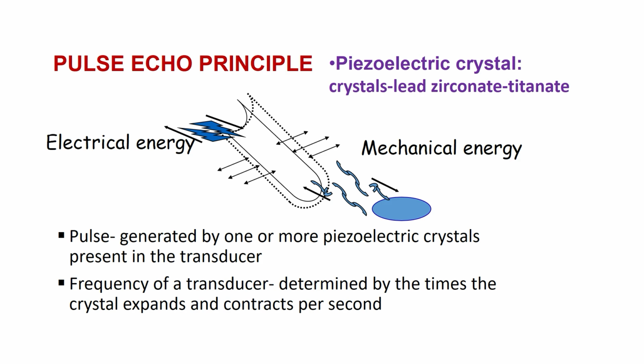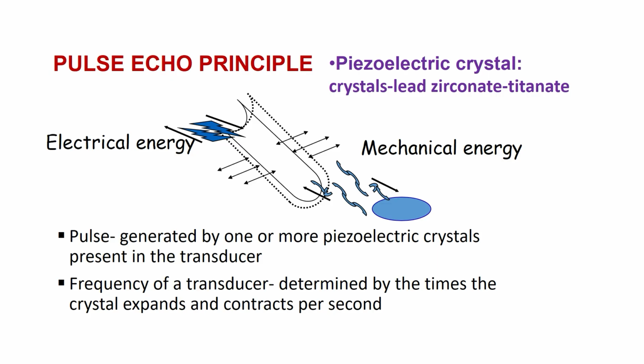Now let's discuss the production of the ultrasound. The ultrasound is based on the pulse echo principle. The transducer, which contains the piezoelectric crystal, produces a sound wave in the form of a pulse, which is transmitted into the tissue, and the tissue reflects back that sound wave in the form of an echo.